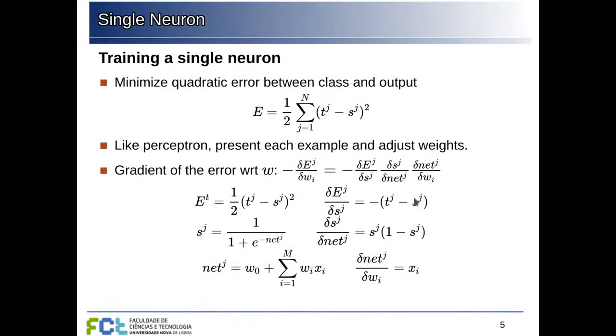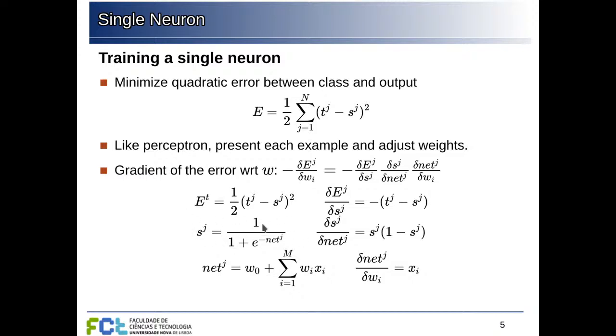So we can do this by the chain rule. We can multiply the derivative of the error with respect to the output of the neuron. So it's this expression here. For the quadratic error, this is the derivative. Then we multiply that by the derivative of the output of the neuron with respect to the input into the activation function.